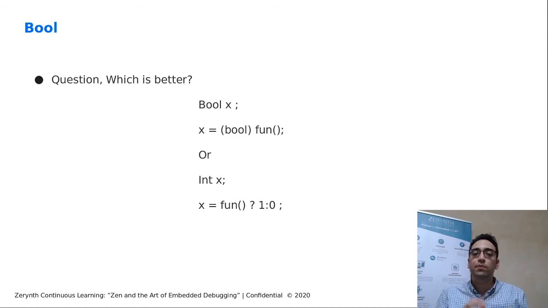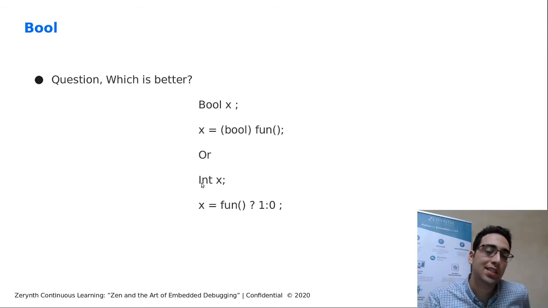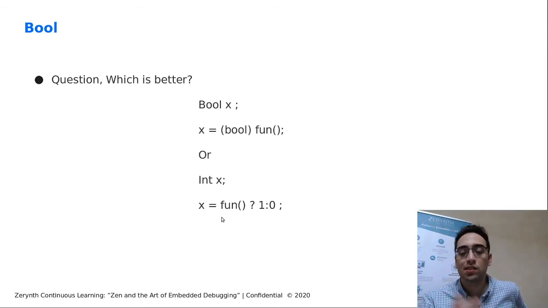So if the value of Boolean is 10, then for Boolean it works with no errors. But for your function, you might be expecting a 1 from it. So the second implementation, which basically checks if it is anything, so put a 1 instead of it, is better, because you're not relying on the Boolean implementation. You are 100% sure that the result of this optimization is a 1 instead of a 0.